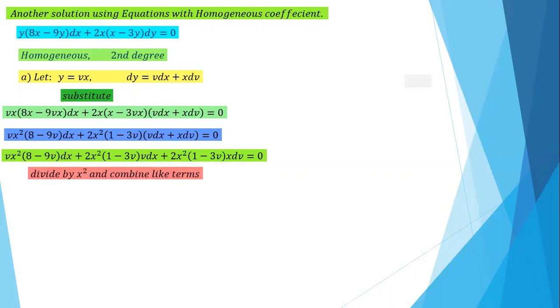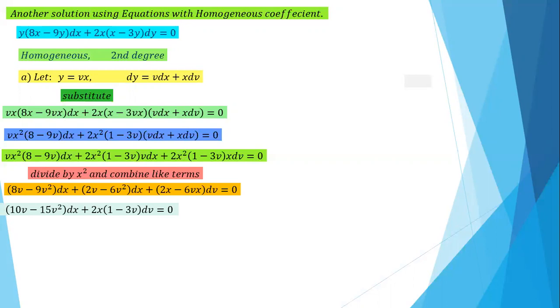Then we divide by x squared and combine like terms. So we have now 8v minus 9v squared dx plus 2v minus 6v squared dx plus 2x minus 6vx dv equals 0. So here, x squared will be cancelled out, x squared will be cancelled out, then here x squared will be cancelled out.